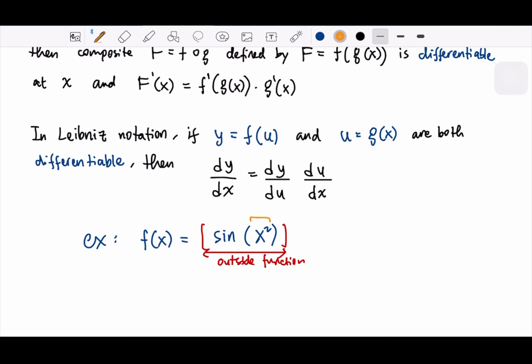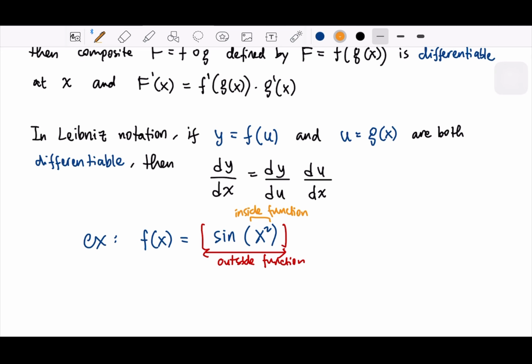And this little part here is the inside function. And this inside function can have more and more functions. This is just an example. Maybe the outside function is just sine, and the inside function is x squared. The way you treat these functions when you derive is, we take the outside function, derive, and then multiply with the derivative of the inside function.